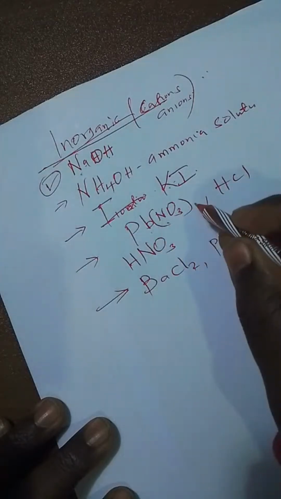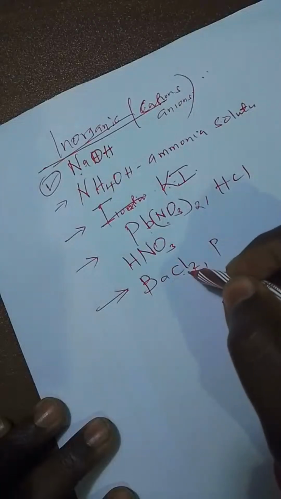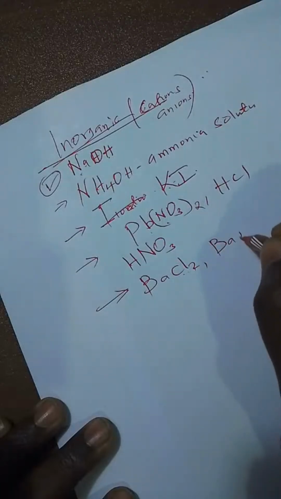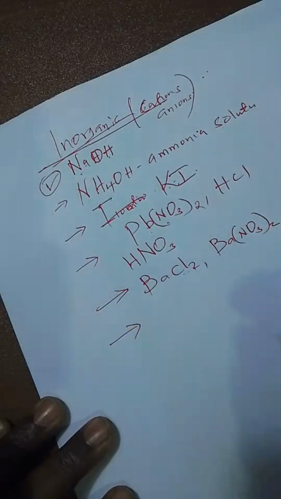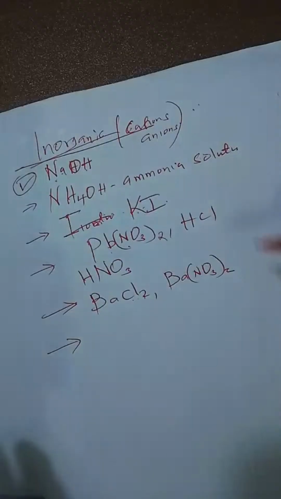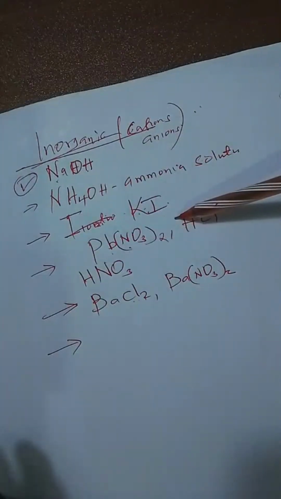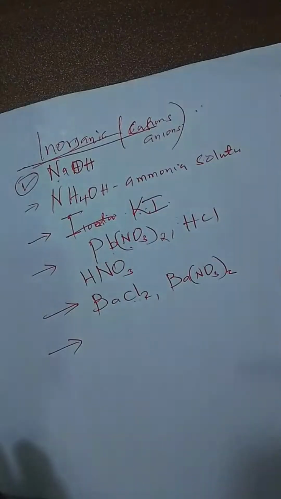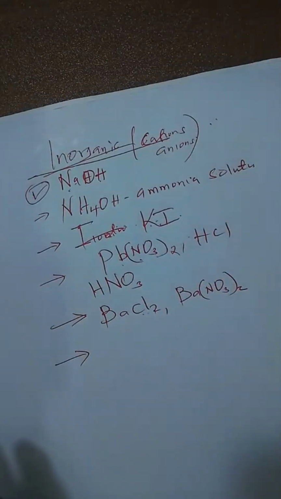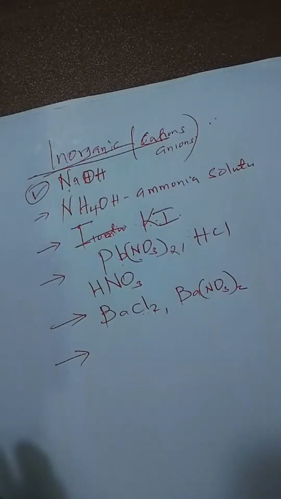We have lead nitrate, barium nitrate also. So when you see any of these, you definitely know that you are dealing with inorganic analysis, and the requirement is that you write the cations and the anions like you have learned.